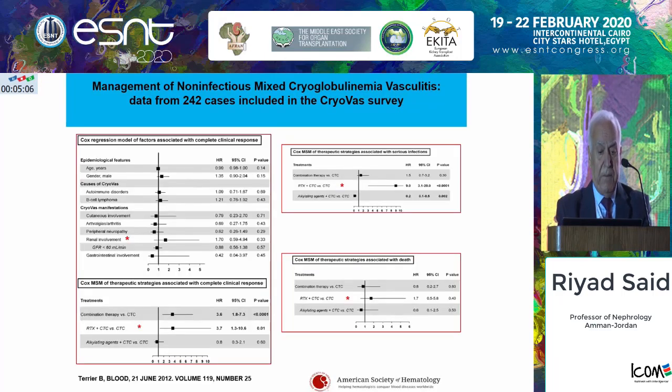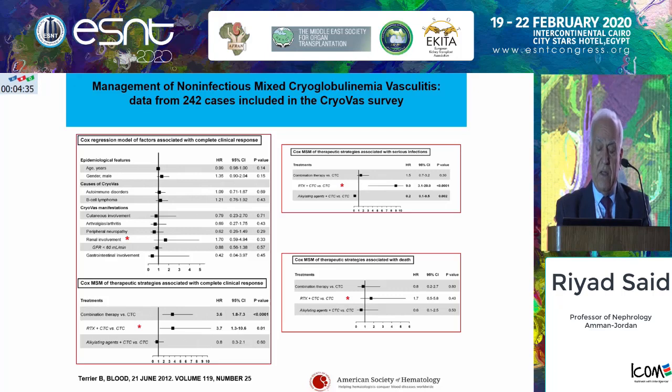What's the outcome? You'll see here, with the red stars, renal involvement was the best among all. In the protocols down below, combination therapy with cyclophosphamide, rituximab, cytotoxic agent, and corticosteroids gave the best response. When they combine rituximab, cyclophosphamide, and glucocorticoids, it's much better than alkylating agents alone.